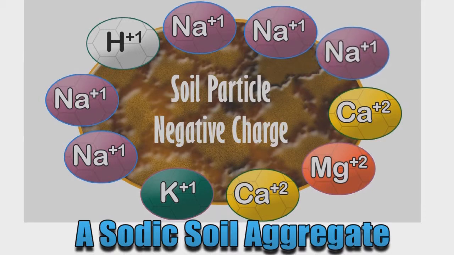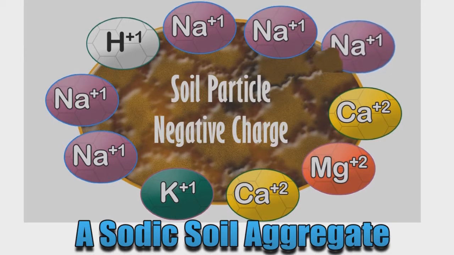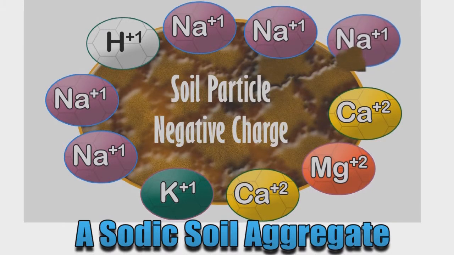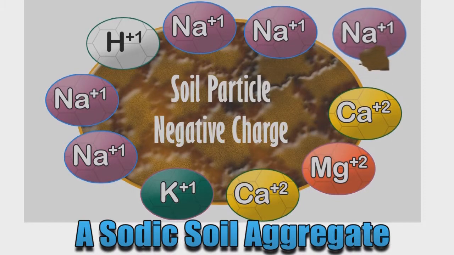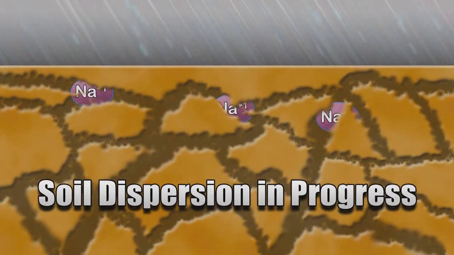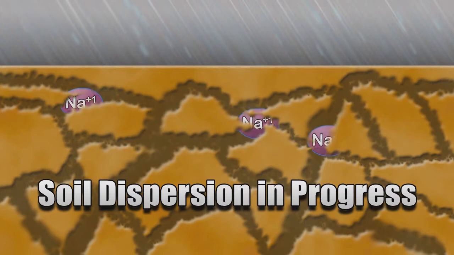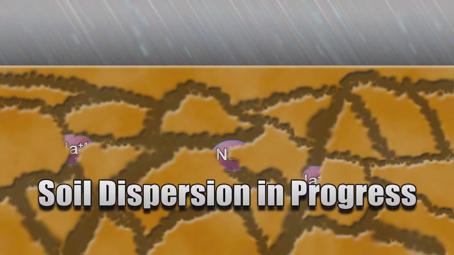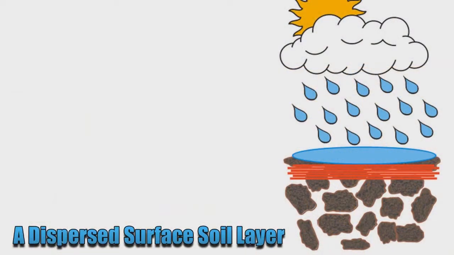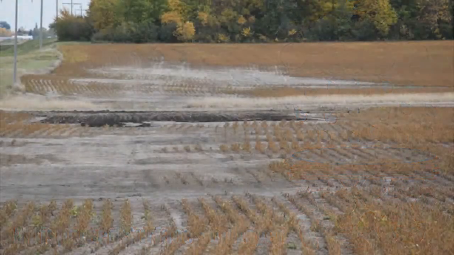Excessive sodium greatly weakens the forces that hold clay particles together to form soil aggregates and leads to the plugging of soil pores or the degradation of soil structure. That process is called soil dispersion. Once that happens, it severely impedes soil drainage, making it even more difficult and expensive to manage than soil salinity.